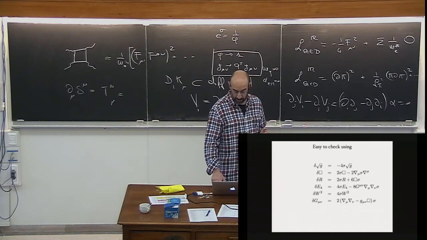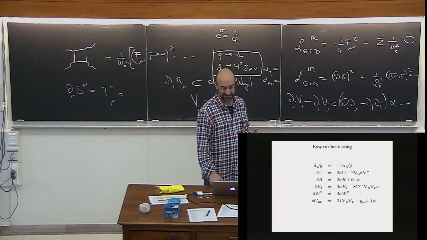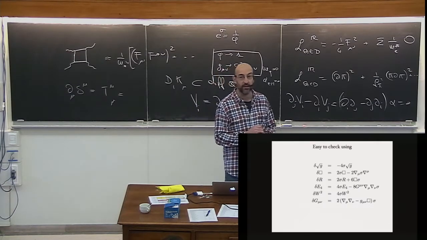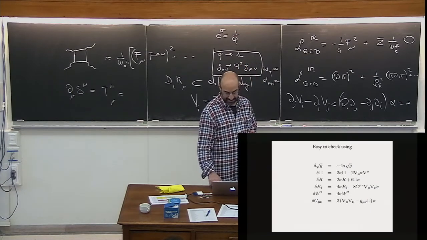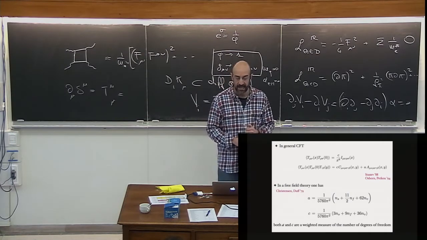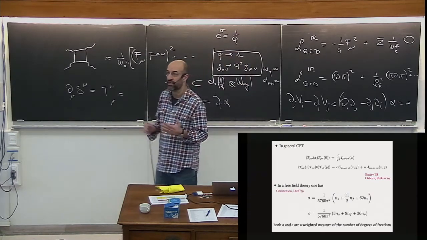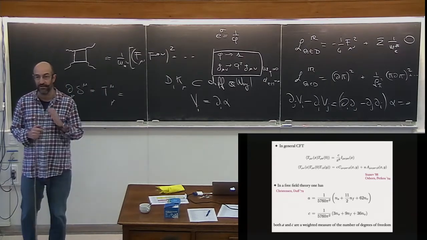So you can check all the things I've said by using these results, using the transformation property of all the Lego pieces of the actions I wrote before. Just as an exercise if you want. Now, these A and C, which arise in all cases, the anomaly coefficients, are physical quantities.